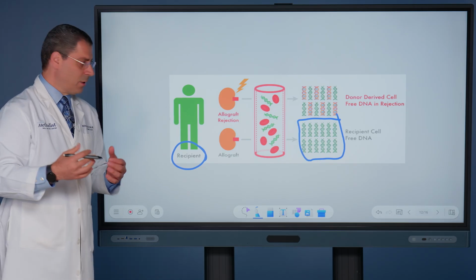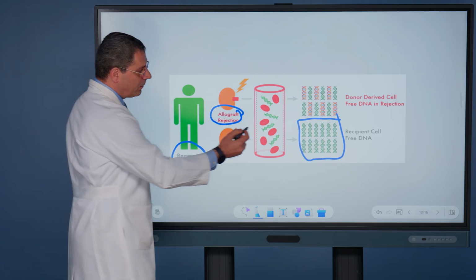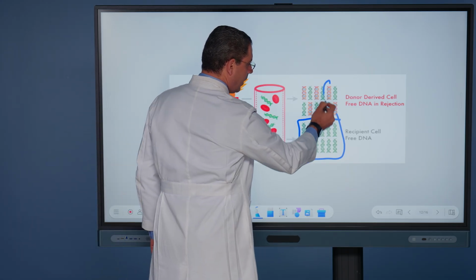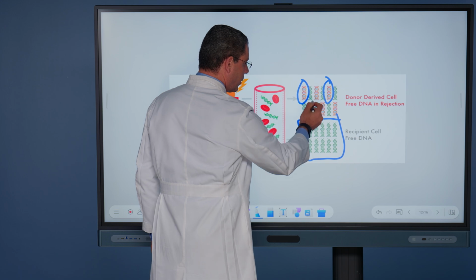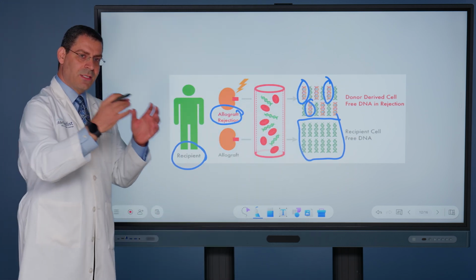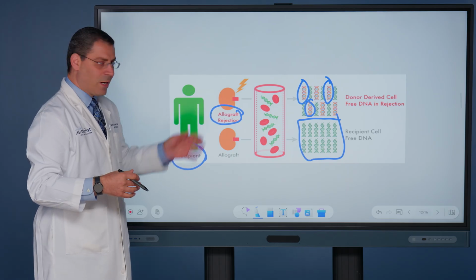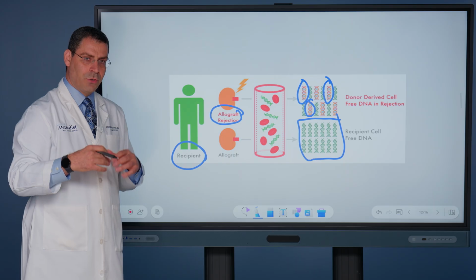In case of rejection, where there's an insult or an allograft rejection, you start to find donor-derived cell-free DNA in the patient. That means the donor DNA is in the recipient blood, which means the allograft has some early sign of rejection.